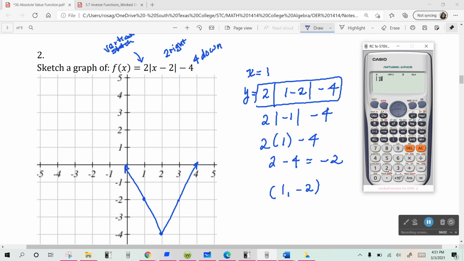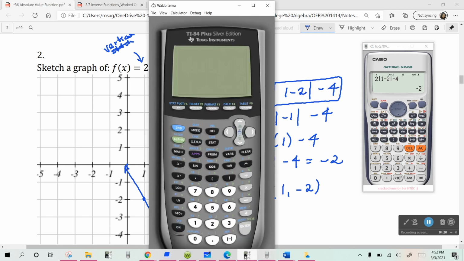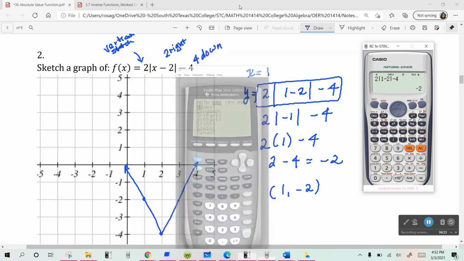So I would put 1 -2, and then outside goes a 2, and then -4. See? So you could skip the steps and just do it in the calculator. It's usually as ABS on the 84s, it would be math, number here, and then you see ABS on the first one right there.